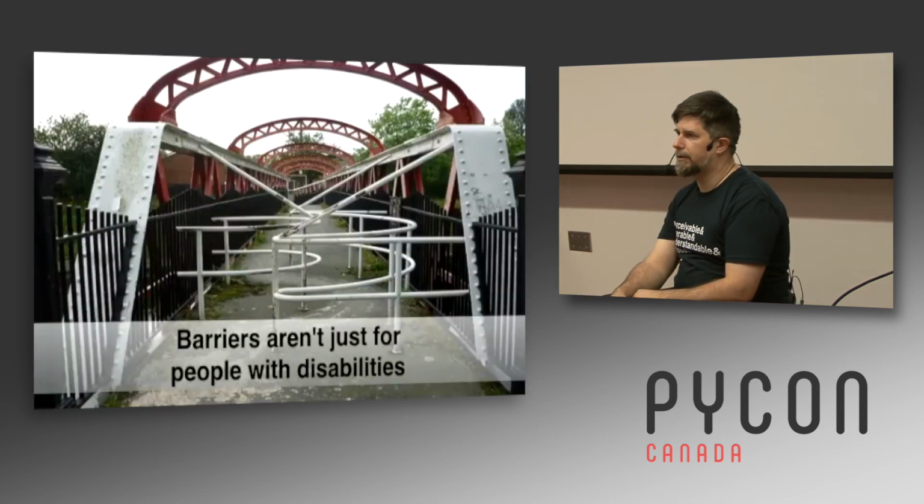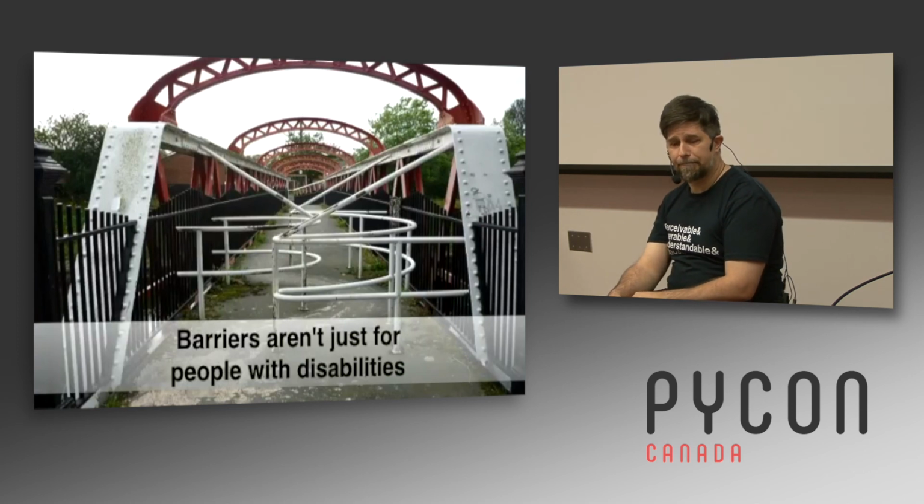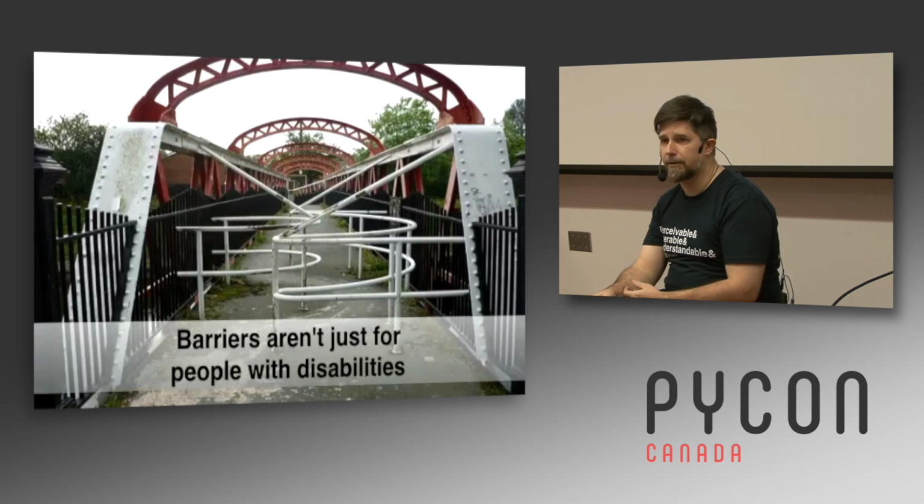I talked about situational impairments. Barriers on the web are not just for people with disabilities. If you're looking at a site on a mobile phone outside in bright sunlight, you're going to swear at the designer that thought gray text on a gray background was a good idea.